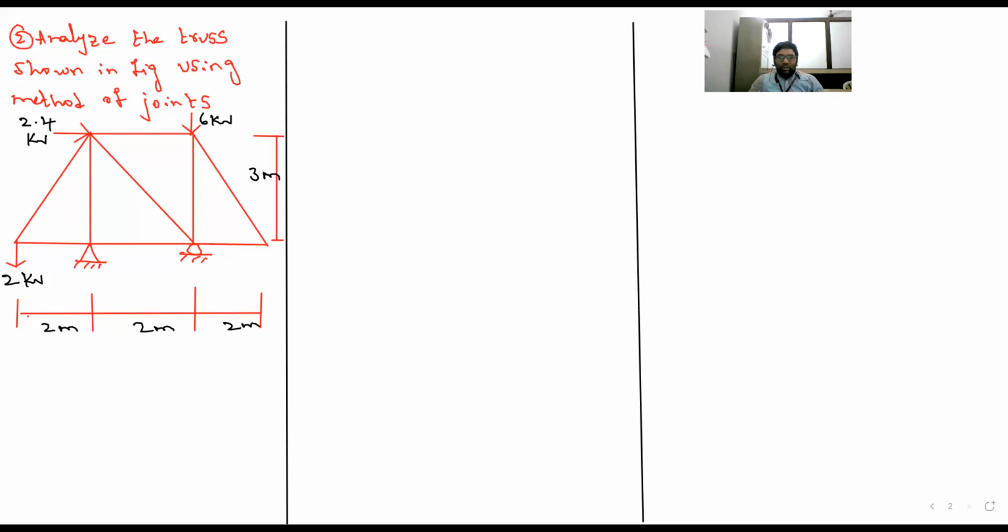So this is how we need to frame the truss. This joint is joint A. Just a moment, I think the roller is at the end. I have just sketched it in between. Roller is actually here, sorry for that. So this is joint B.